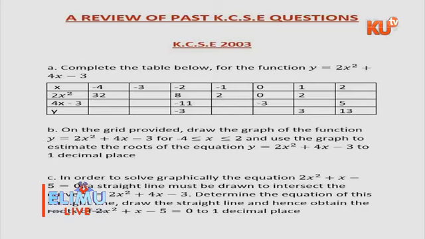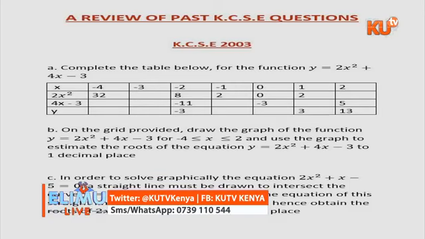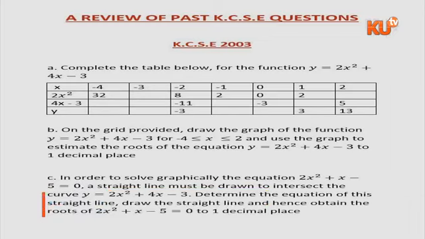Okay, so as you can see now, part A of the question was to complete the graph, then part B was to draw, of which we've drawn, and then use the graph to estimate the roots of the equation y equals 2x squared plus 4x minus 3 to 1 decimal place.